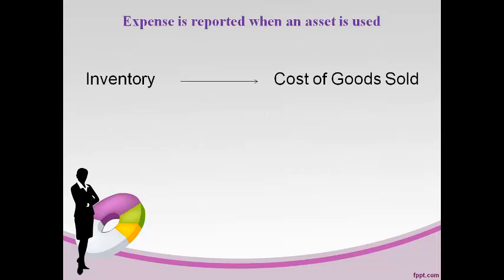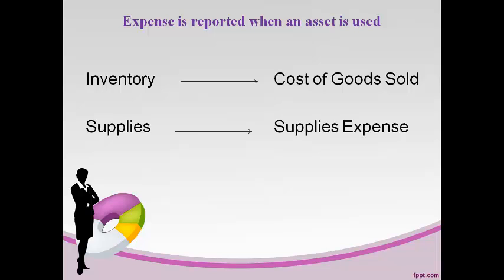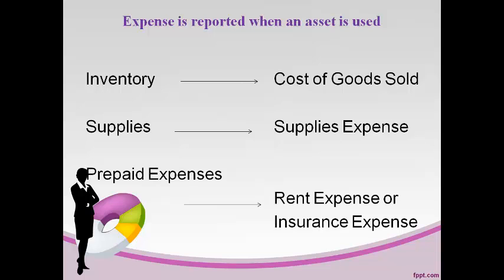The cost of using short-term assets is also reported as an expense on the income statement. Using inventory is reported as cost of goods sold. Using supplies is reported as supplies expense. Using prepaid expenses is reported as the name of the service that was paid for ahead of time.